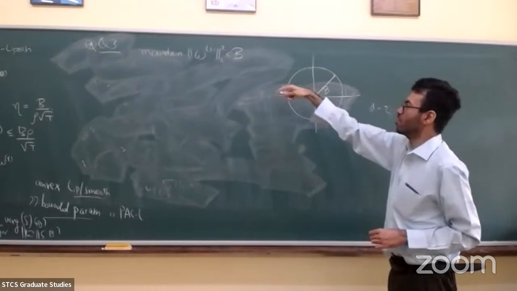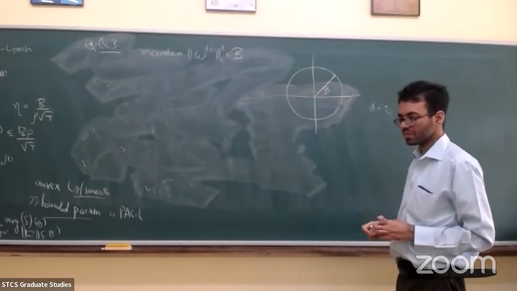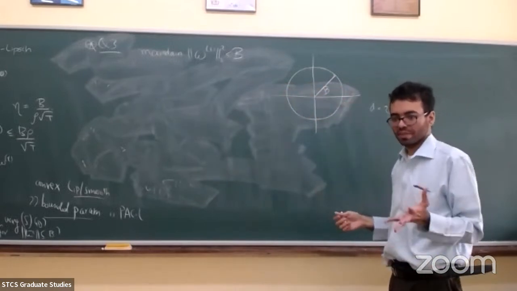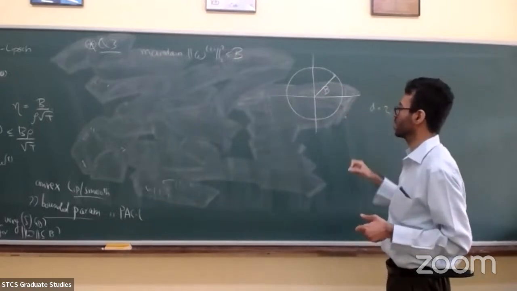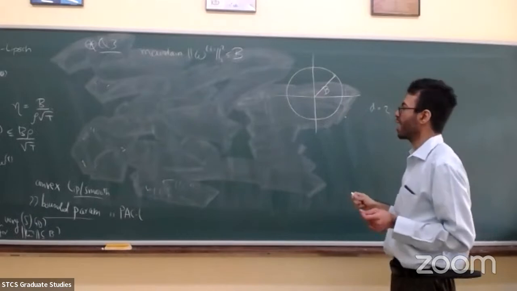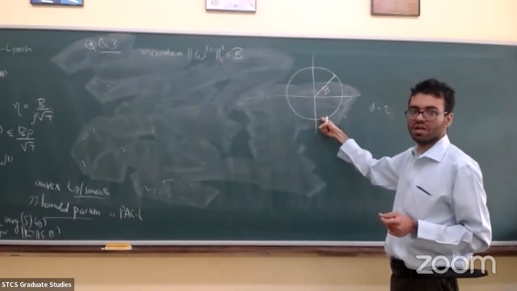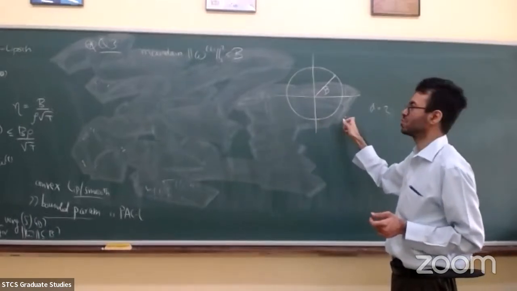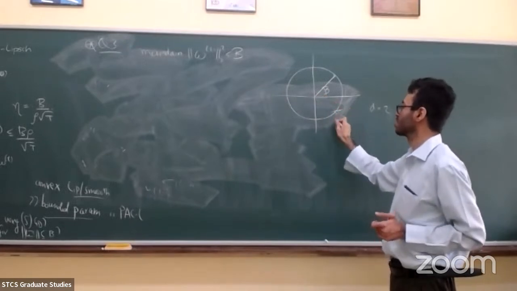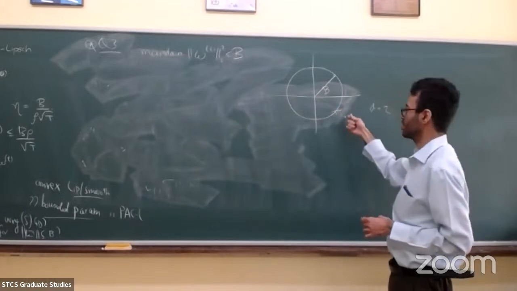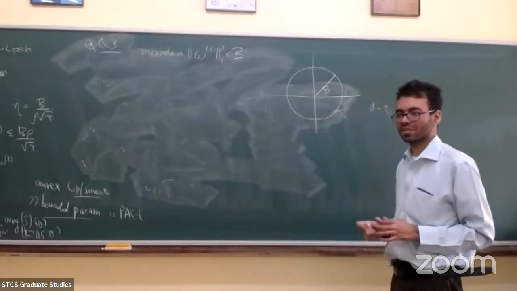I want my WT to lie inside this ball. So I'll do something very simple. If my WT ever goes outside this ball, say here, I will simply find the closest point inside this ball to this point. So in particular, it is this point, and I will just update my WT. That's all.